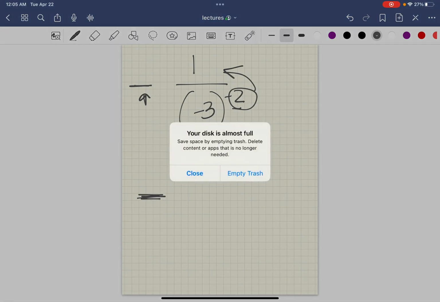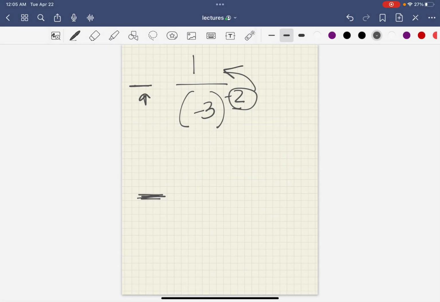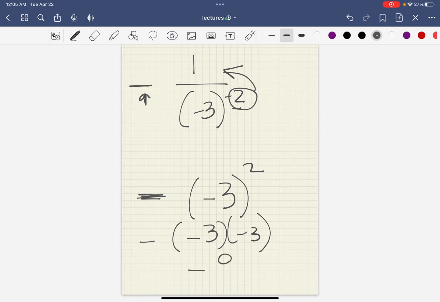So this is going to be minus 3 squared. Then this is negative. Get rid of that exponent. Minus 3 times minus 3. So now we have 3 negatives, so that's going to be negative 9.